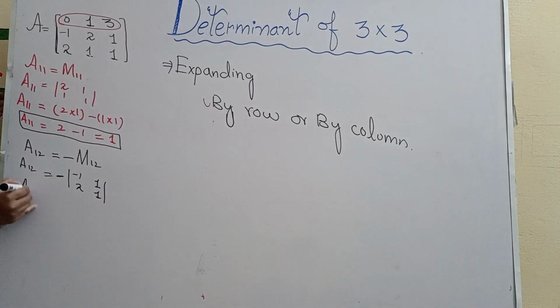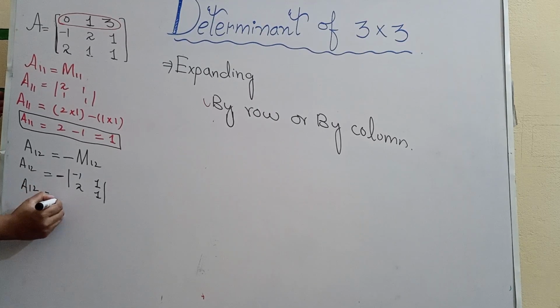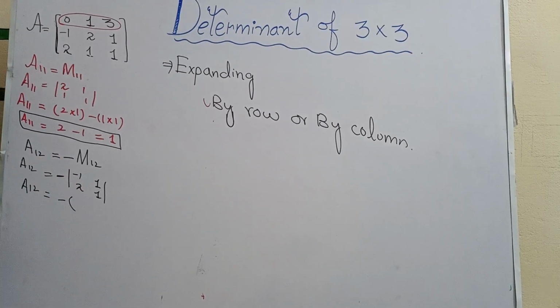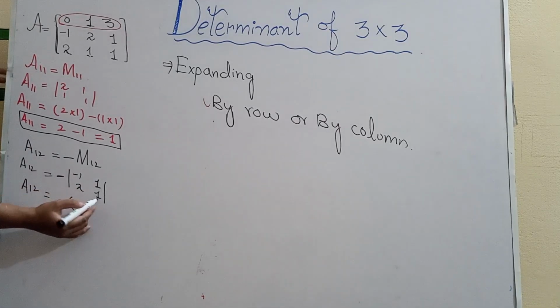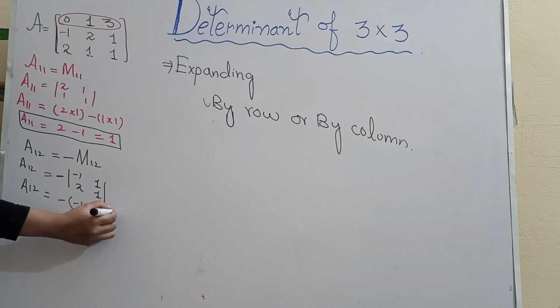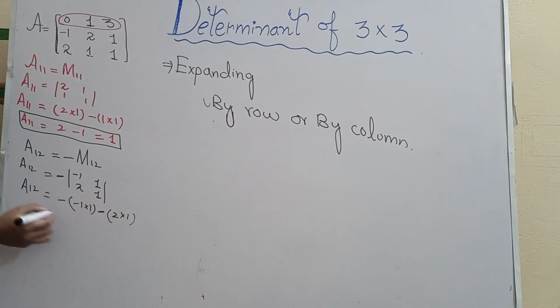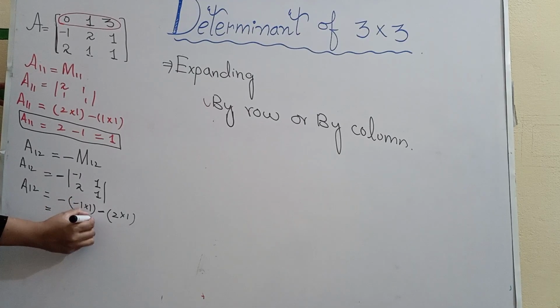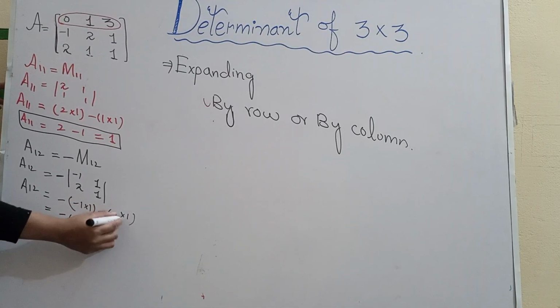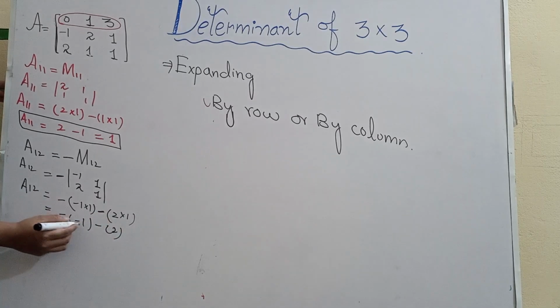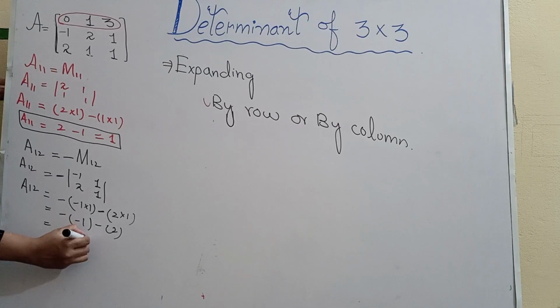So A12 is equal to minus, and we are going to apply the formula, minus 1 into 1 and then minus 2 into 1. So here minus 1 multiplied by 1 is minus 1, and minus 2 multiplied by 1 is minus 2.